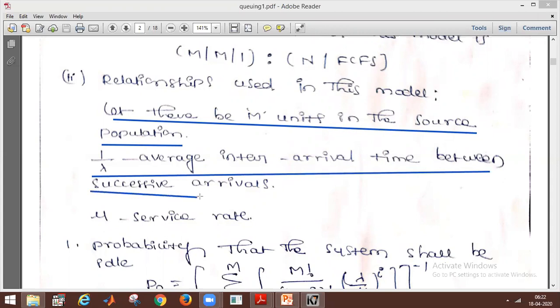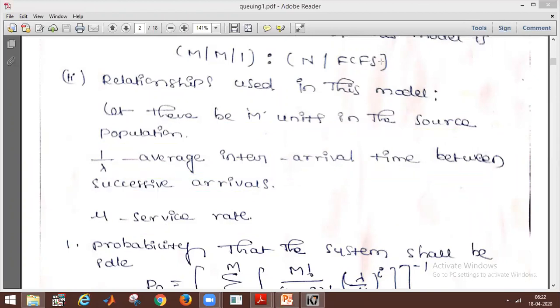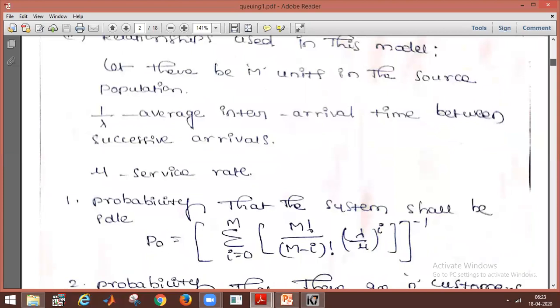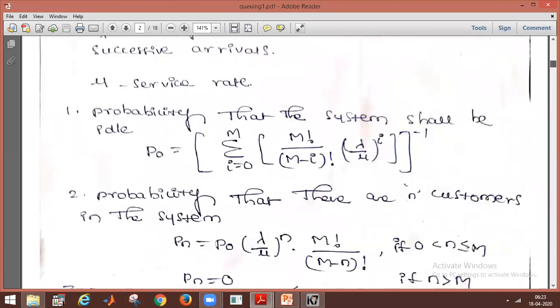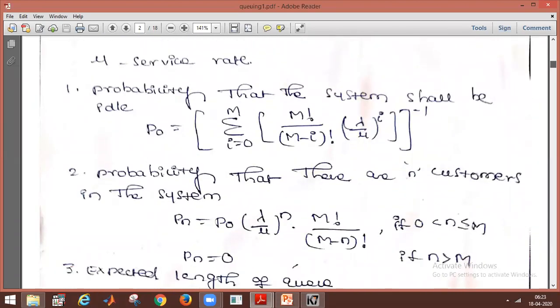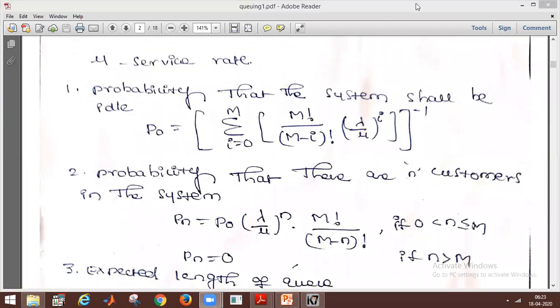Mu is the service rate. Here we have to discuss the probability of the system being idle. Which formula can we use?